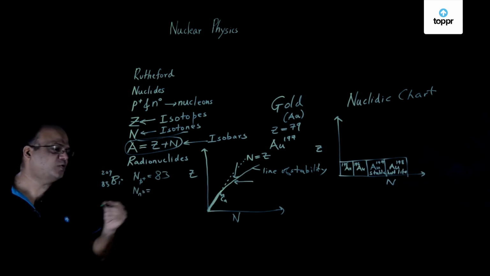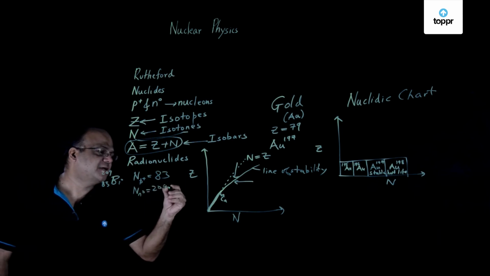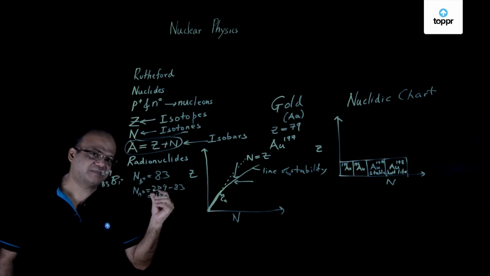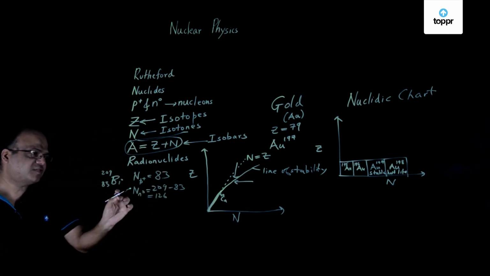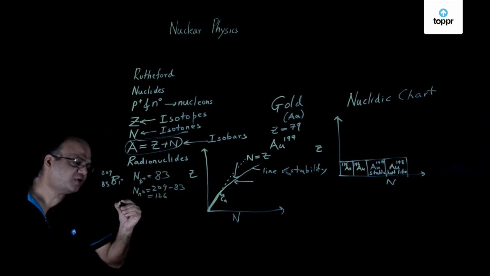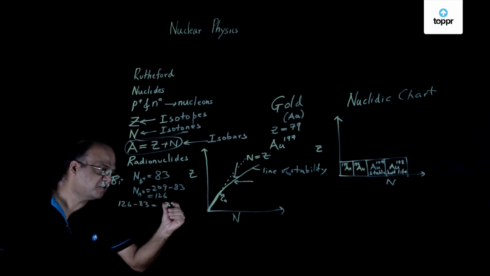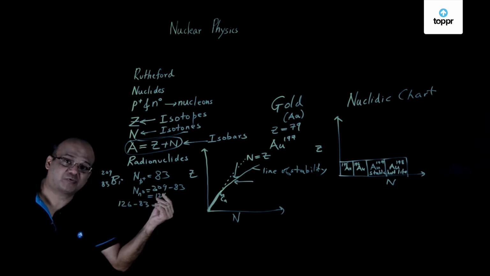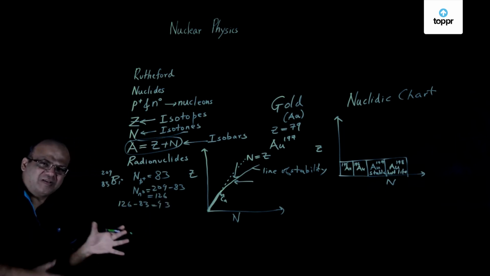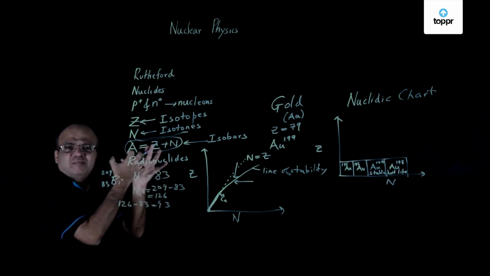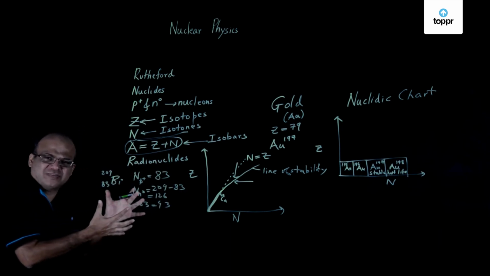This will be equal to 209 minus 83. That gives you 126. So the number of neutrons is more than the number of protons. By how much? 43. That's quite huge. You see, in heavy nucleides, the number of neutrons is more than the number of protons.